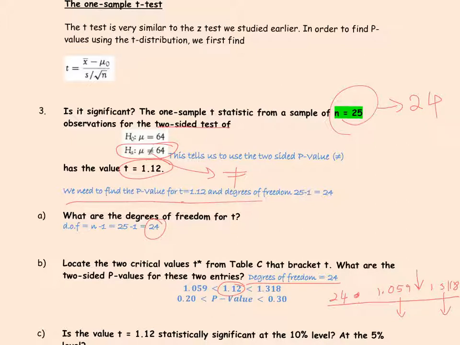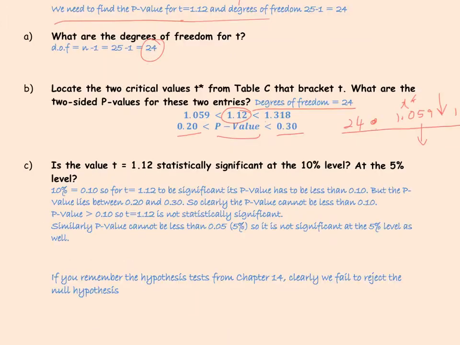So the two t stars that we have here, we need to find the p-values, and the p-value for 1.059 is 0.30 and for 1.318 is 0.20. Our p-value lies between these two p-values.